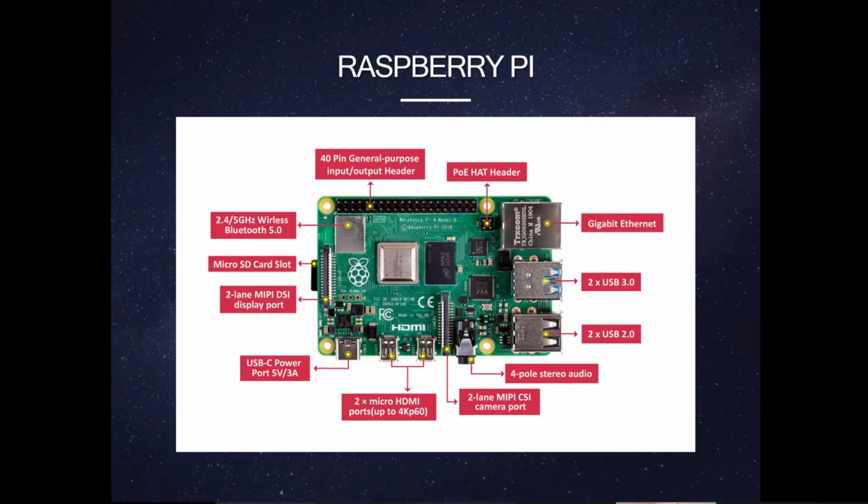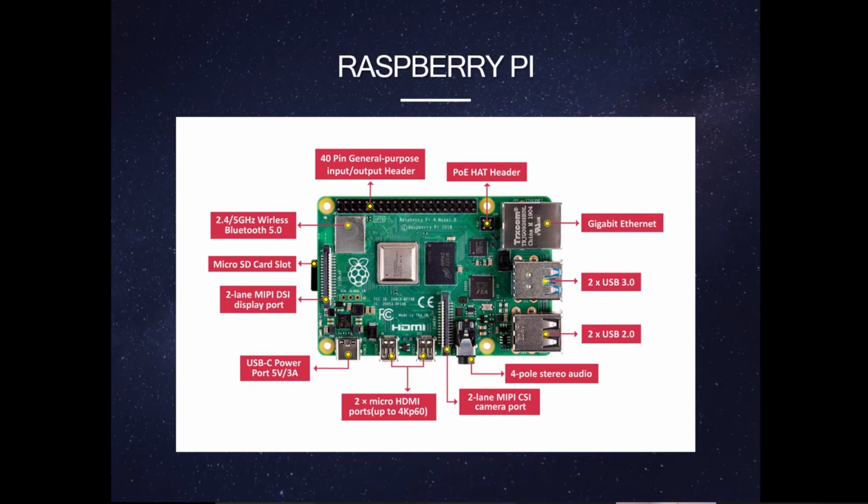There's this general purpose input output header. You can have what they call hats, to add sensor data or sensors to my Raspberry Pi. It costs about $35, and the latest one is the Raspberry Pi 4.